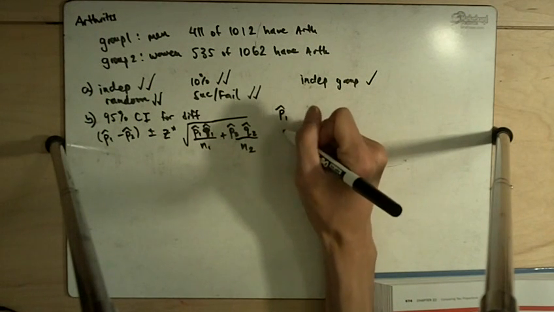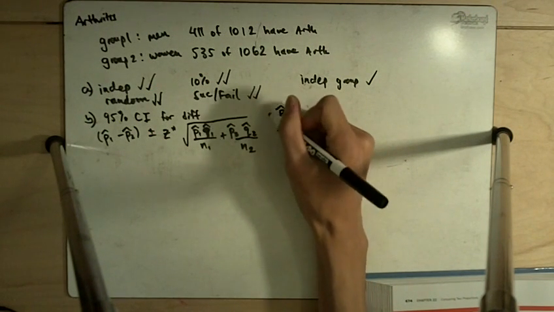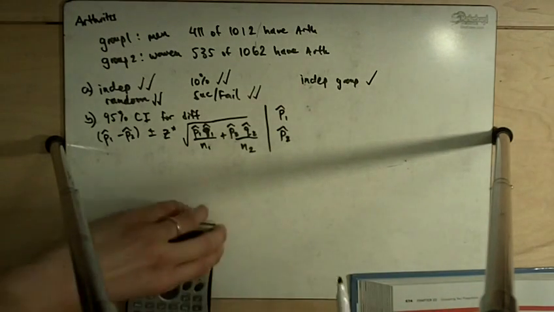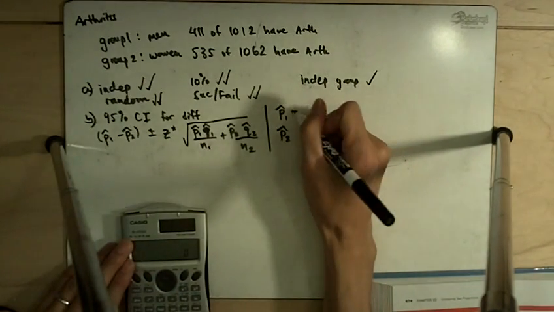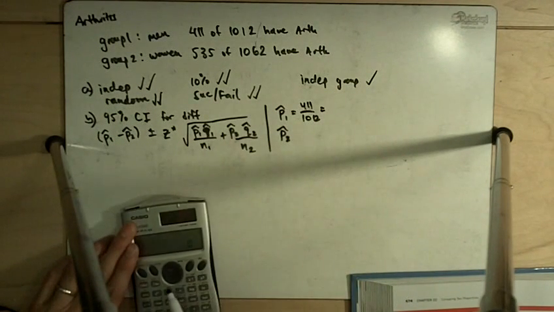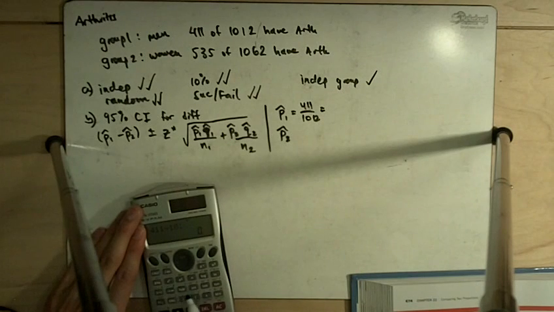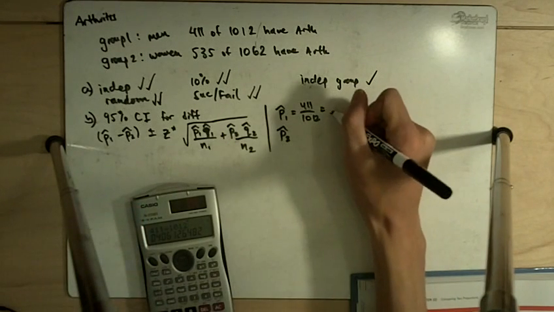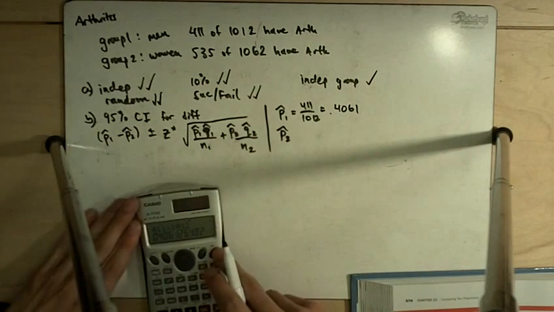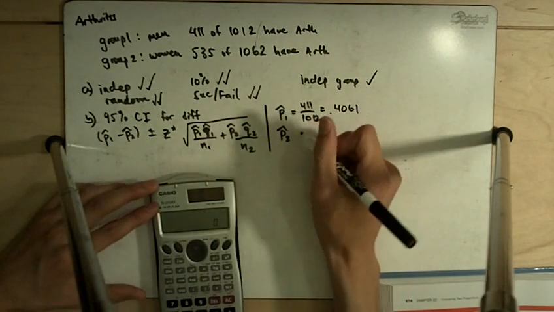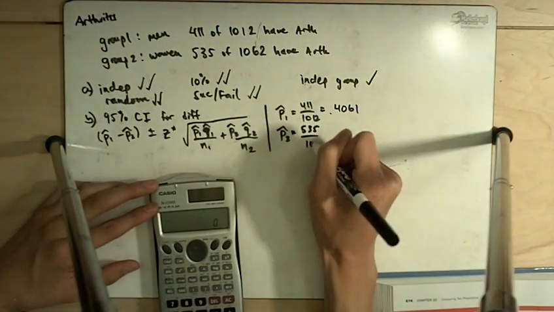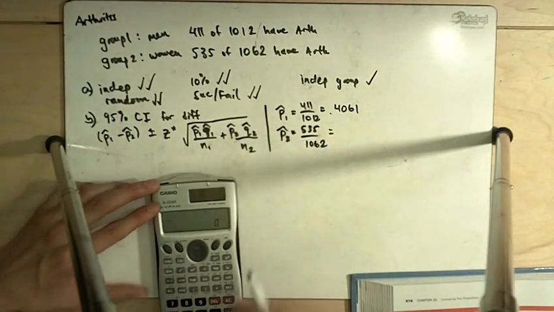So solving for P1 hat and P2 hat, P1 hat is 411 divided by 1012. So that is 0.406. I'll round off to 0.4061. And then P2 hat is 535 divided by 1,062.